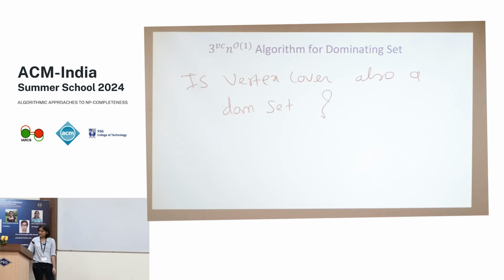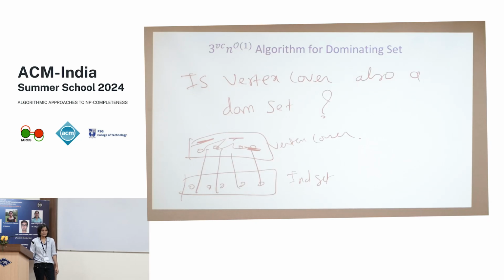Why? So I have some vertex cover vertices here, and then I have some independent set vertices. How do all the edges of the graph look? Either within the vertex cover or across. These are all the edges of the graph, and that's all the graph looks like.